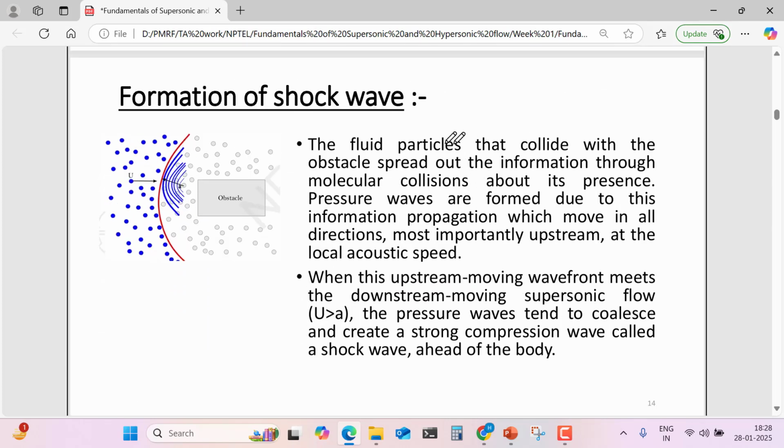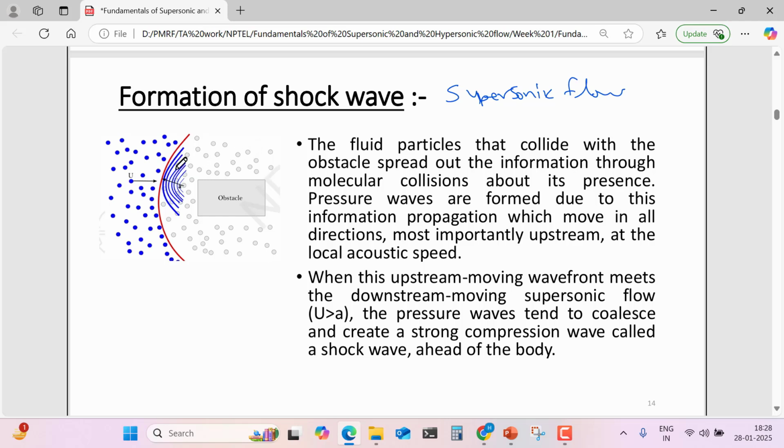Now we will see how the shock wave is formed. If there is one obstacle in the supersonic flow, this is the formation of a shock wave in supersonic flow. So if there is an obstacle in the flow, then the particles will collide with the obstacle, and due to its presence, the pressure wave will travel everywhere.